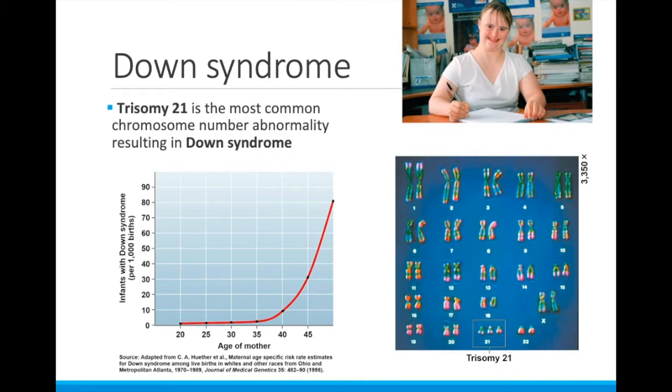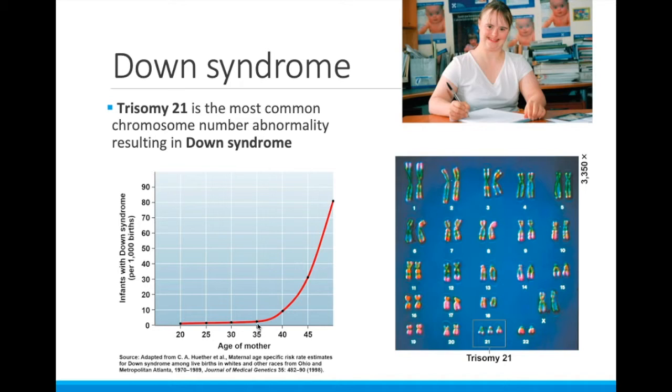Down syndrome is really common. It's the most common genetic disorder in humans. About 1 out of 800 births is Down syndrome. But if you look on the graph on the left, the incidence, so the number of infants born with Down syndrome, increases as the age of the mother increases.